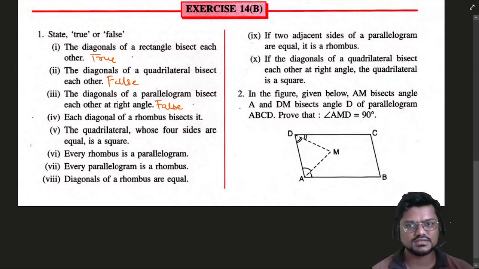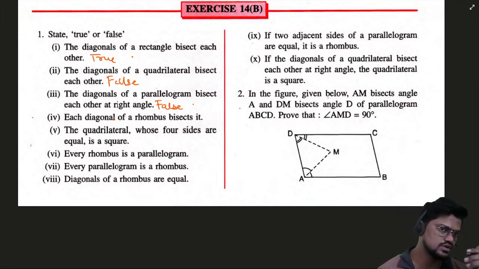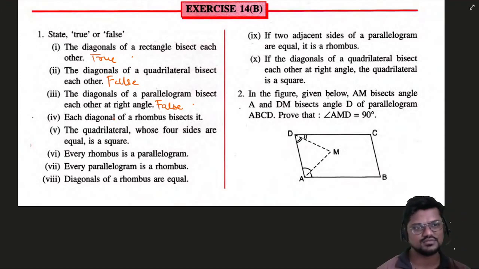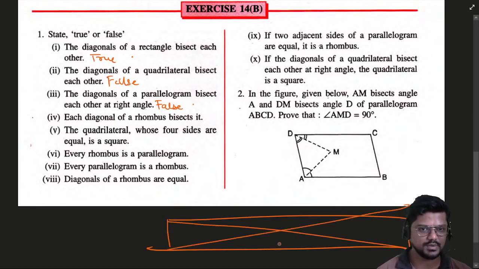Sir, in a square also. Square, yes. Rectangle? In a rectangle, they are not perpendicular. If a rectangle is like this, and you draw the diagonals, they are not perpendicular, no?